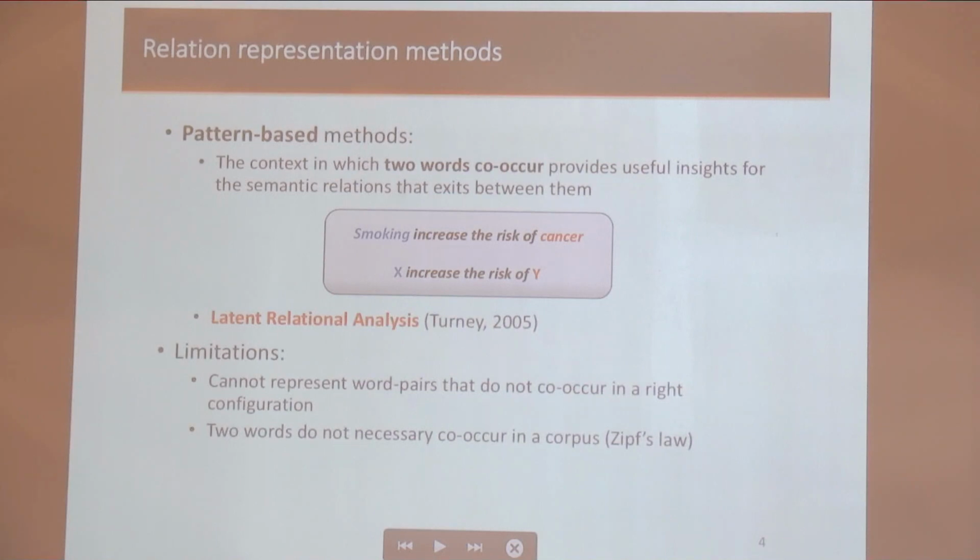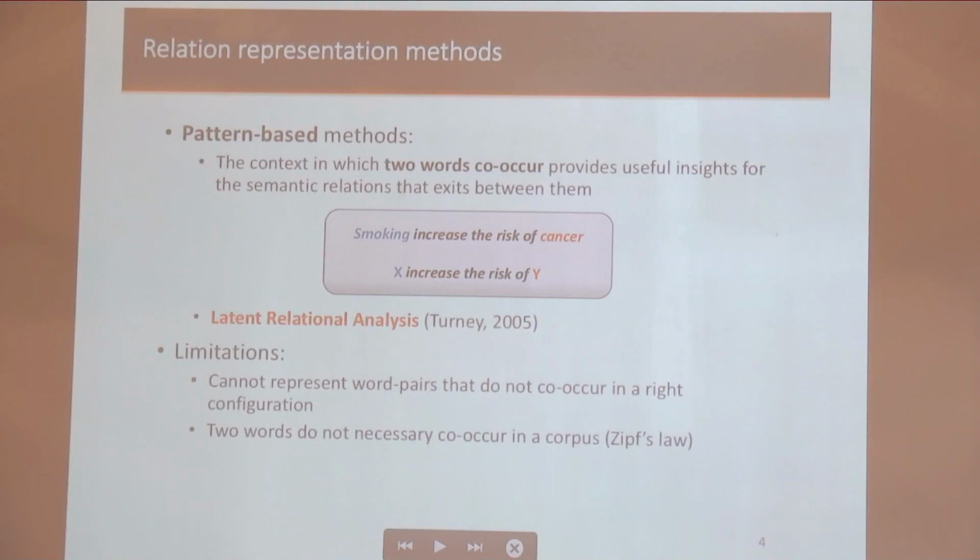For example, in "smoking increases the risk of cancer", "increases the risk of" indicates that there is a cause-effect relation between the two entities. As a pioneer of these pattern-based methods, Turney in 2005 proposed the latent relational analysis method, which is based only on the textual patterns that exist between the two related words.